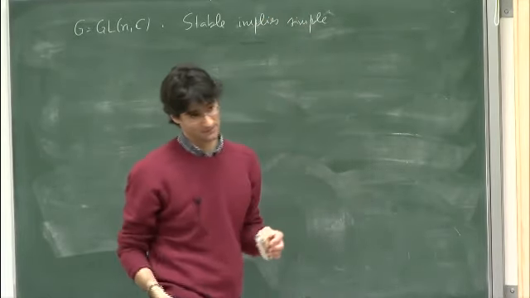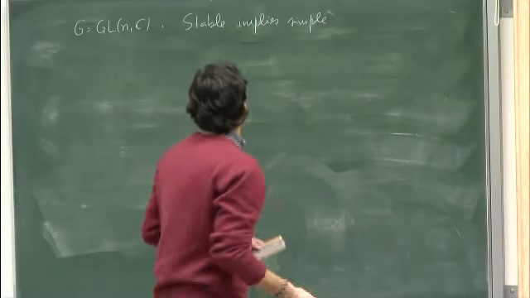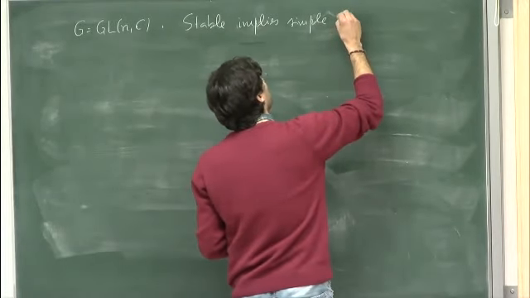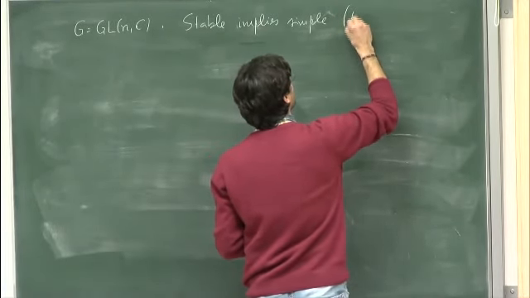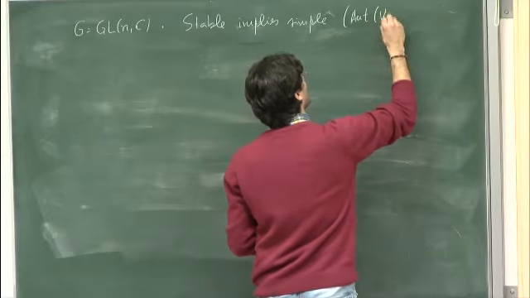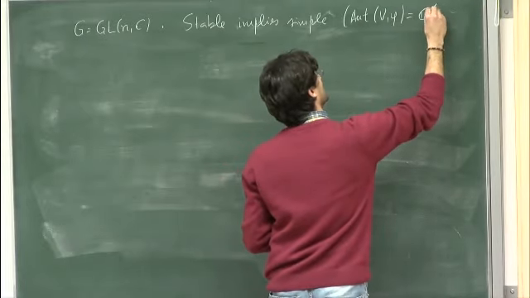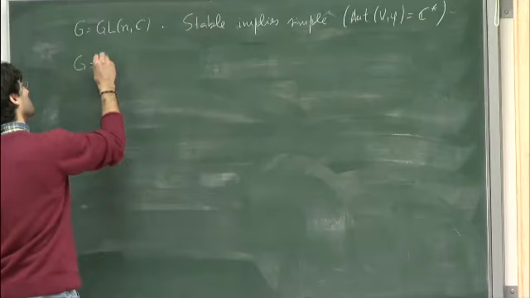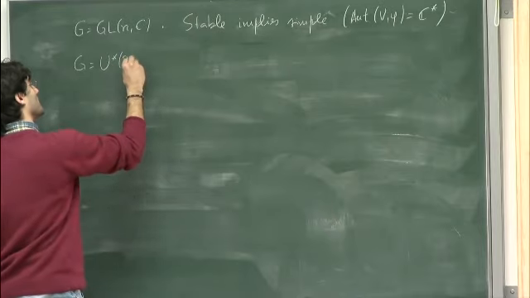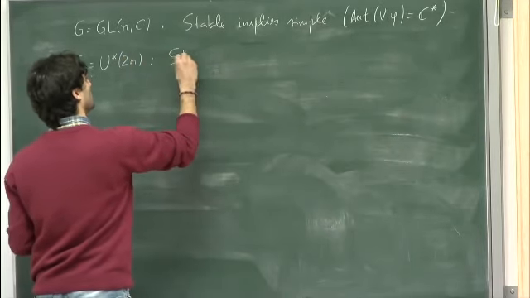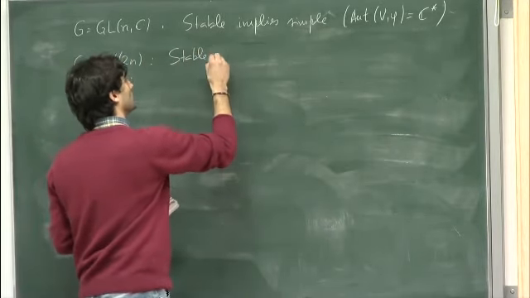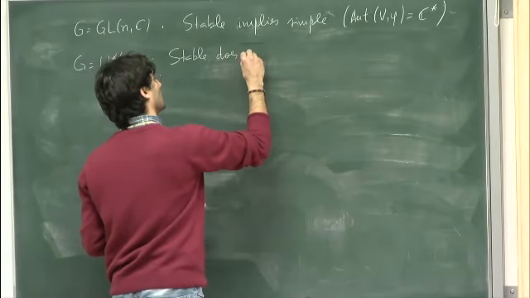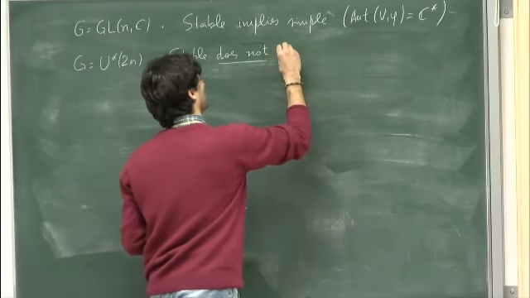This was proved by Hitchin, which in this case simple means that the automorphism group of (V, phi) is C star. But for U star 2n, stable does not imply simple.